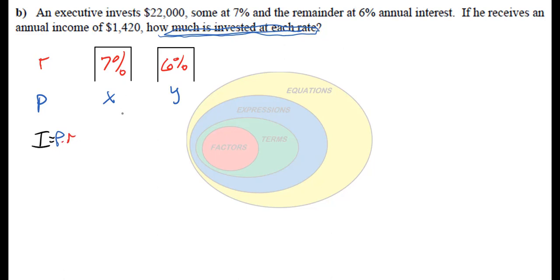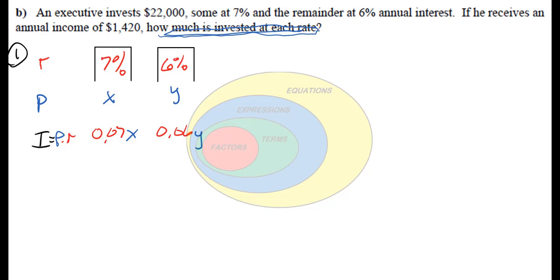So for each one of these, I'm going to take the rate, change it to a decimal, so it would be 0.07, and multiply that by the principal for that bank, which is in this case X. Then for the Y, for the 6% bank, it would be 0.06 times how much is invested at that rate. So now I have expressions. Basically, this is all step one. I have expressions defining rate, principal, and interest from each bank.